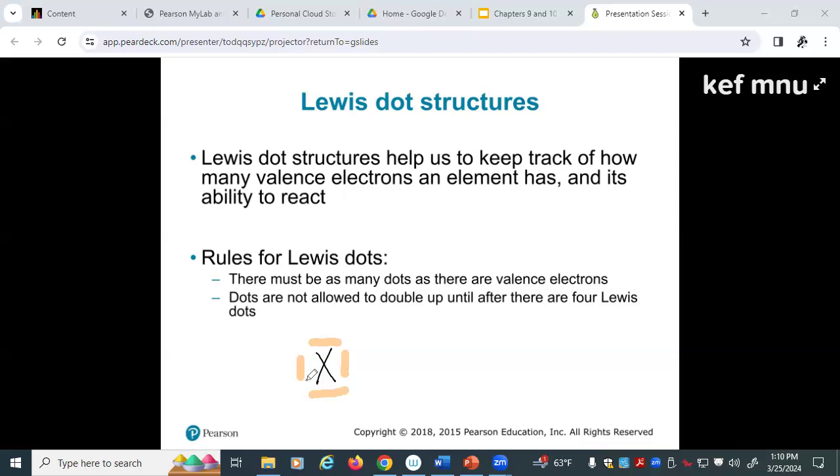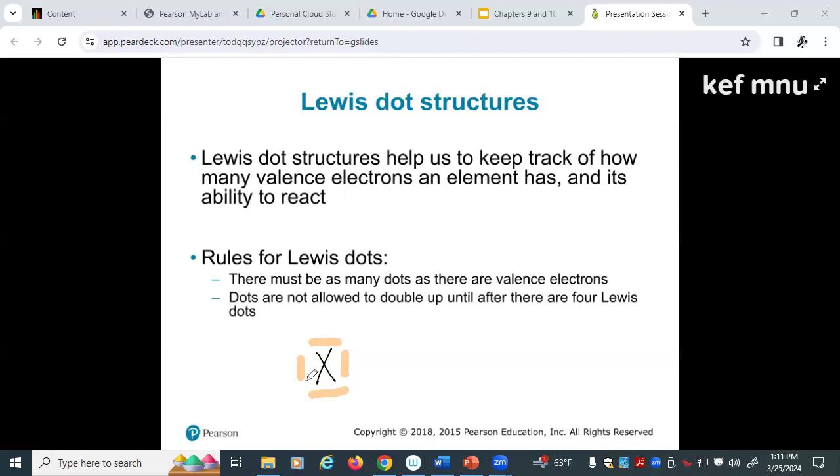We're going to apply similar logic to these 4 zones around the atomic symbol. So when we're drawing up dots, we're going to put dots in those 4 areas, above, below, to either side, until we get to the position where we have to double them up with each other. So in terms of the rules for these dots, the number of dots in my structure is equal to the number of valence electrons that I'm supposed to get. So the periodic table tells me how many valence electrons there are.